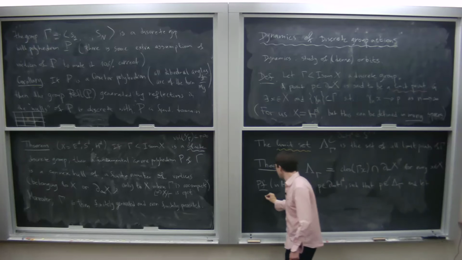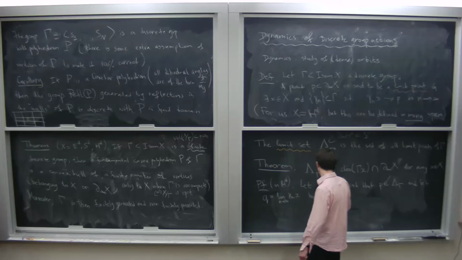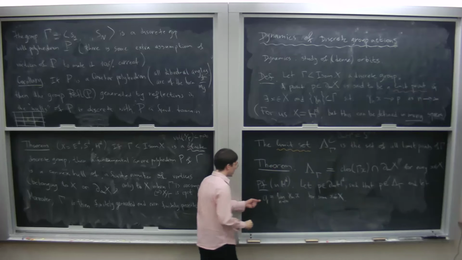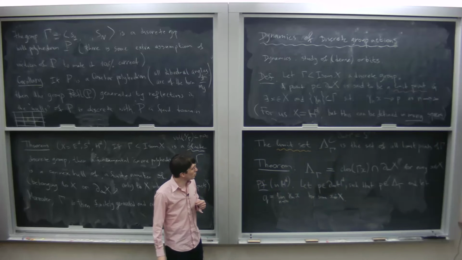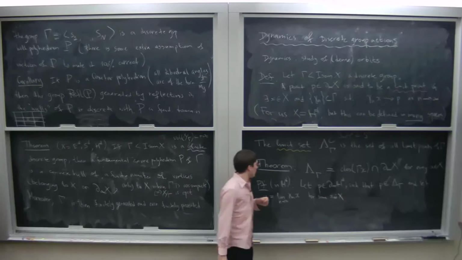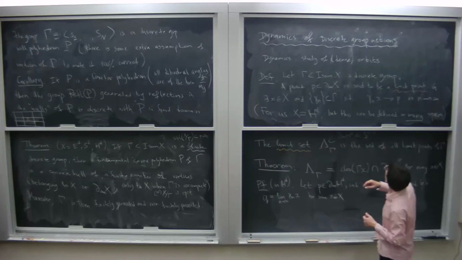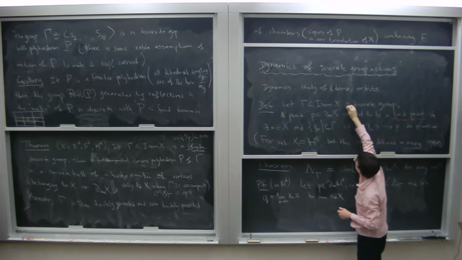And let Q be the limit as n tends to infinity of some gamma n x for some x in X, such that Q is not P. Let gamma be just any discrete group.